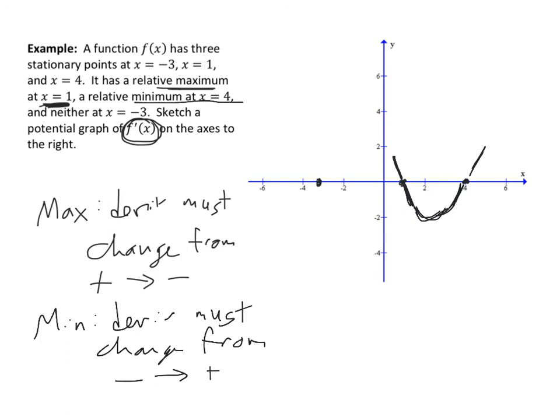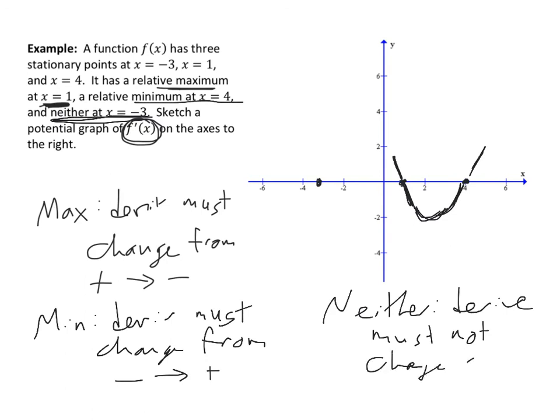Right? Now, what does it mean if I have neither happens at negative 3? For neither, the derivative must not change sign. So it either has to go from negative to negative, or it has to go from positive to positive. Which is the only one that makes sense here?